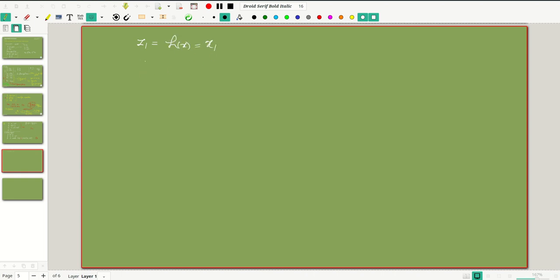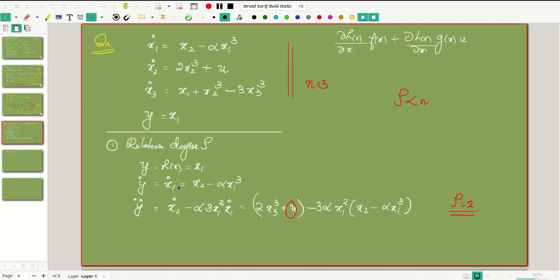What is z2? There are two, right? z2 is rho, so it is equal to L_f h of x, right? L_f h of x. What is L_f h of x? L_f h of x is y dot, right? It is this, x2 minus alpha x1 squared. So this is actually L_f h of x.